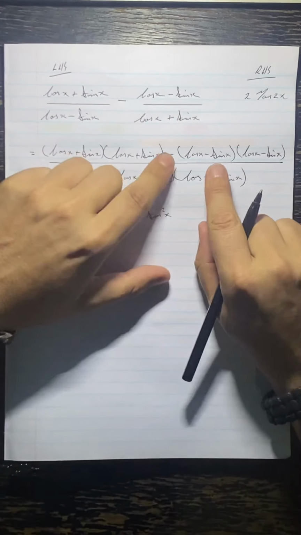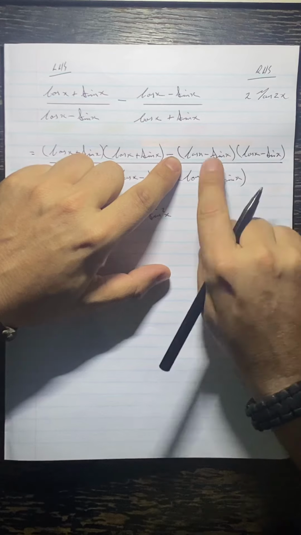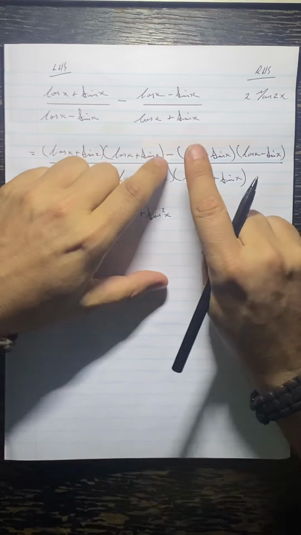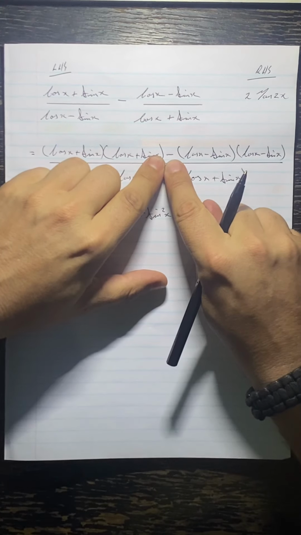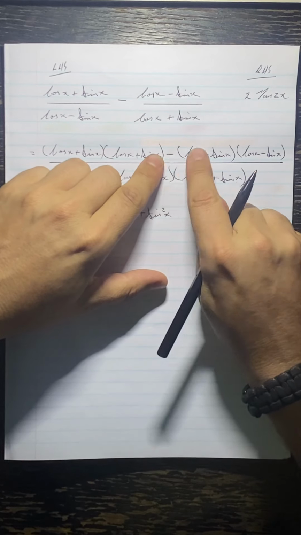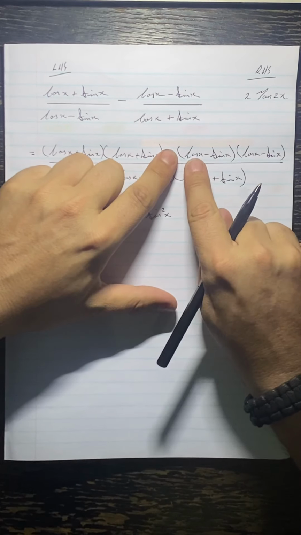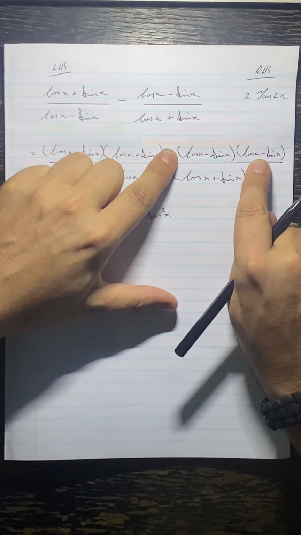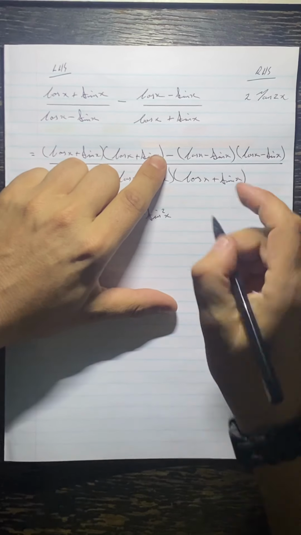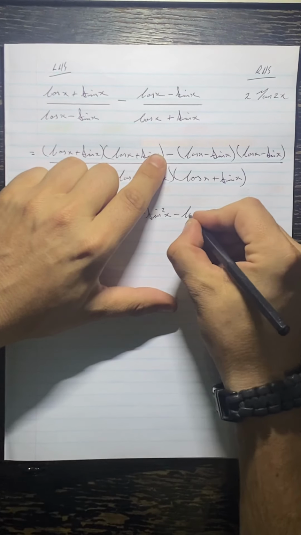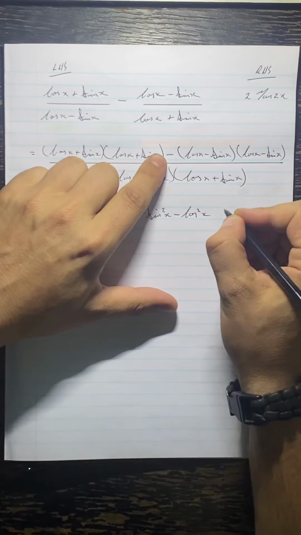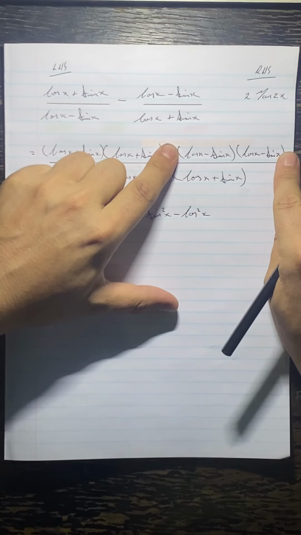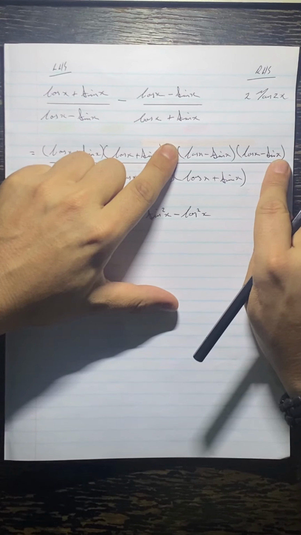Likewise, I'm going to FOIL these two binomials together, but I'm also going to distribute the negative in. The firsts give us cos squared x, and multiplied by the negative, we get minus cos squared x. The outers give us minus cos x sine x.